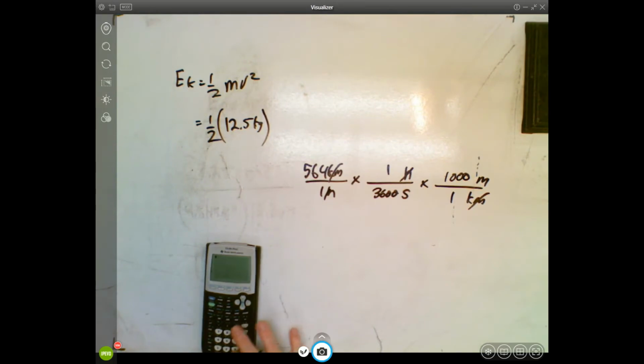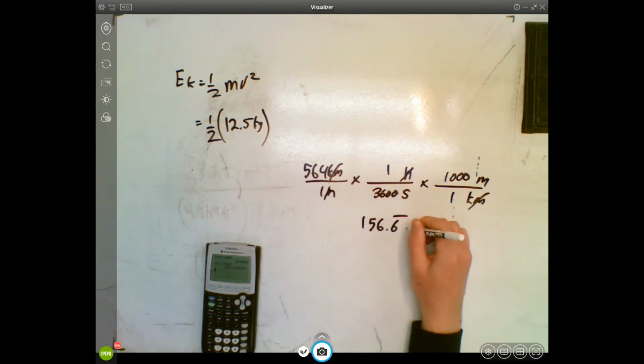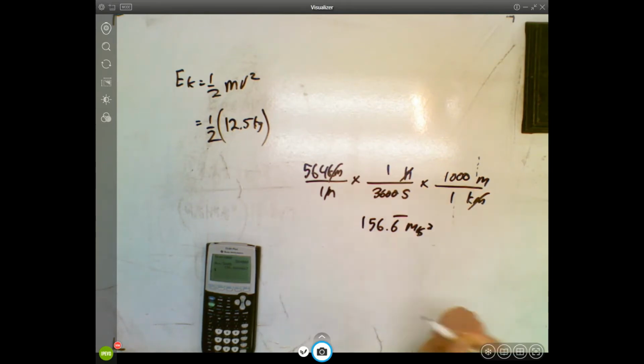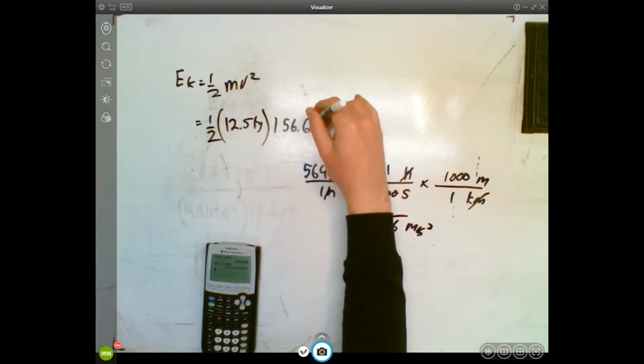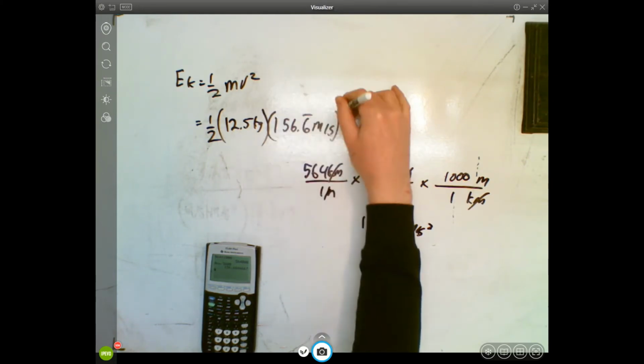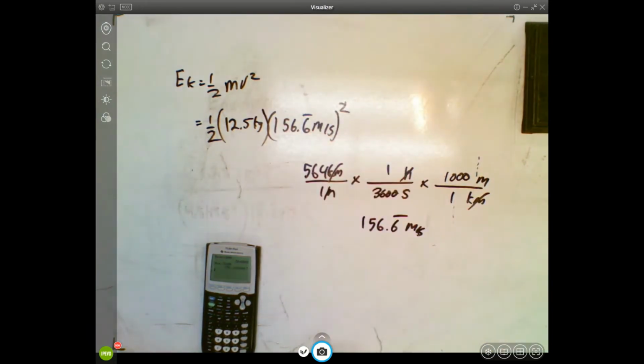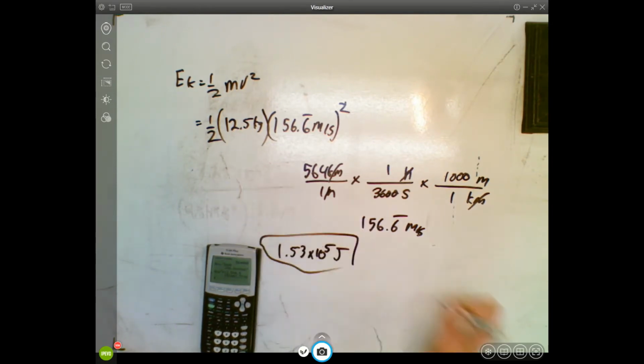So we would go 564 times 1,000 divided by 3,600, and we get 156.6 repeated meters per second. It's not squared, it's just that, and then this is squared. So you always have to be in meters per second. So I'll square that answer, and then I'll multiply it by 12.5, and then I'll multiply it by 1/2. And we get 1.53 times 10 to the 5 joules of kinetic energy. So C looks like it is the correct answer.